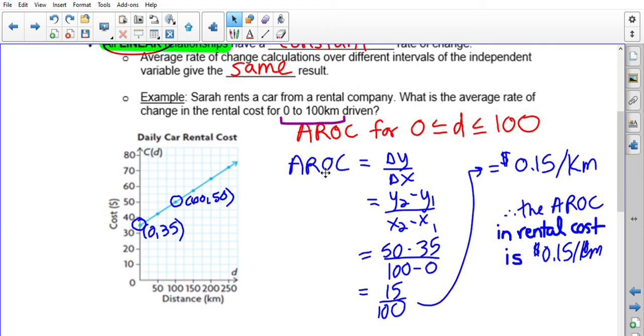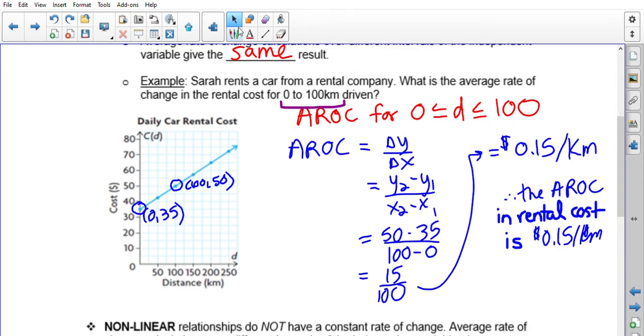Then AROC equals y2 minus y1 over x2 minus x1. Remember labeling: x1, y1, x2, y2. So 50 minus 35 over 100 minus 0, and we get 15 over 100, which in this scenario is 0.15.